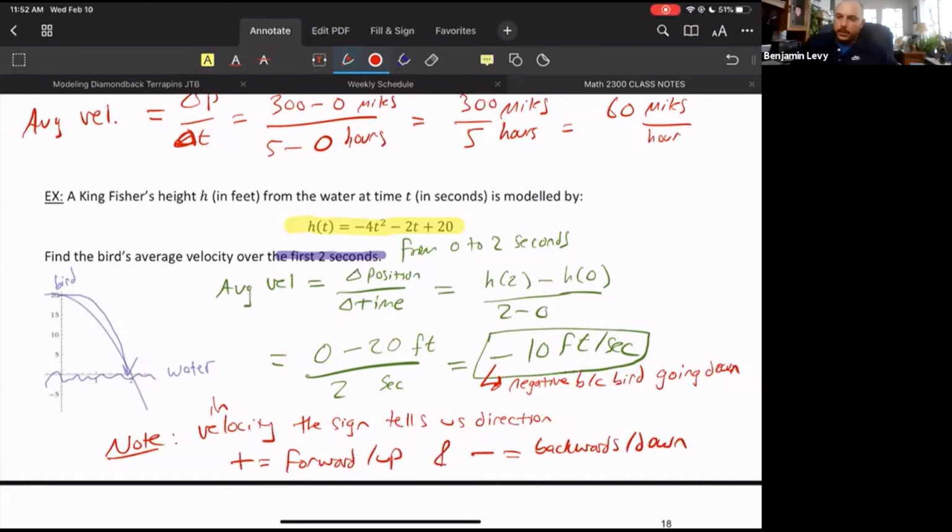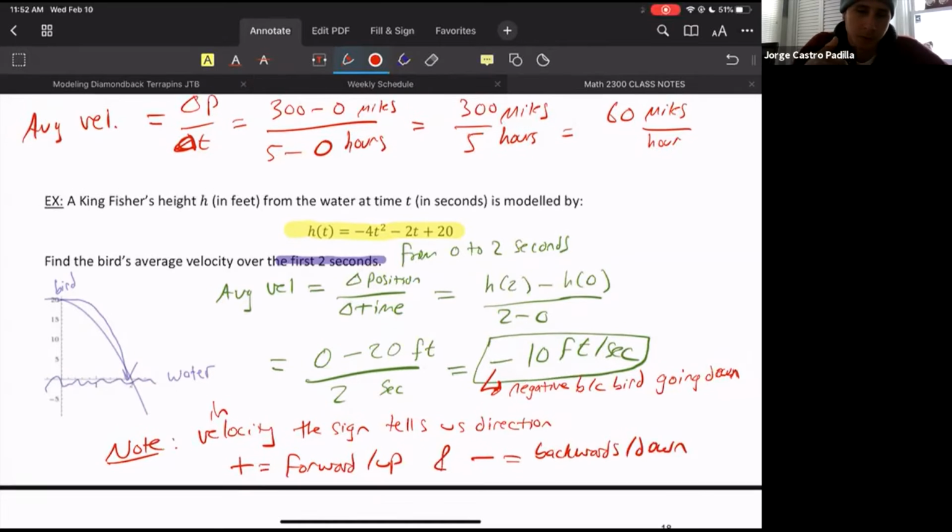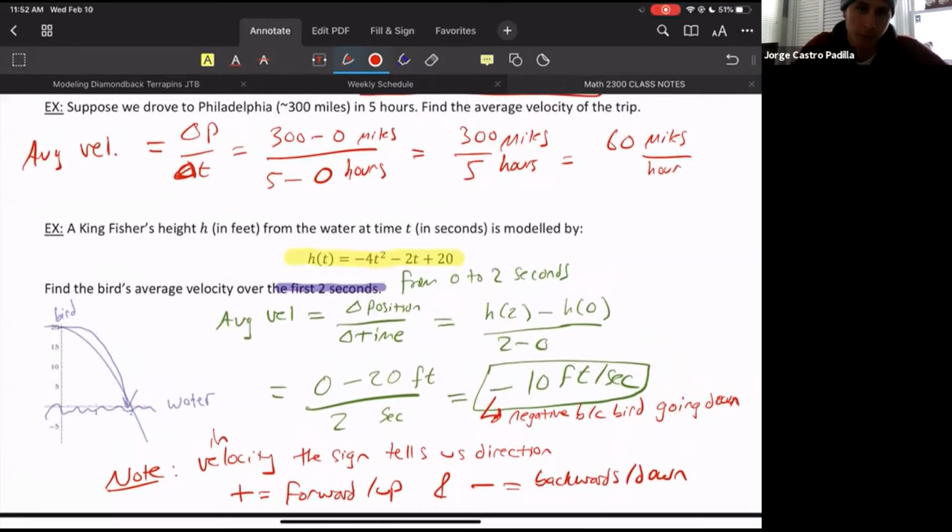What do you think? I have a question. Yeah. In the Philadelphia example, you're going from Fitchburg to Philadelphia, starting from 0 to 300 miles, right?